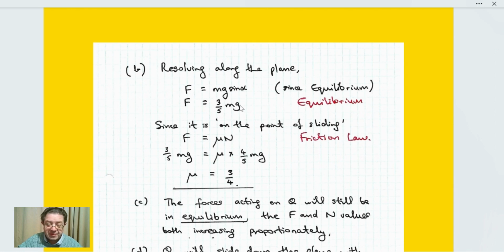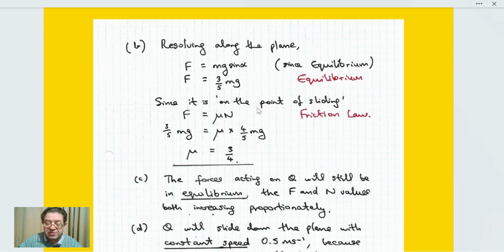We're told the particle is on the point of sliding, so by the friction law, friction is limiting at its maximum value, F equals mu N. Substitute in the values of F and N. M and g cancel, leaving mu equals 3/4, as asked.